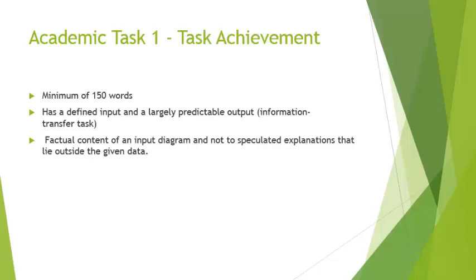It's basically an information transfer task, and it relates narrowly to the factual content of an input diagram, for example, a table, a line graph, a bar chart, a pie chart, and so on. And it does not depend on speculated explanations that lie outside the given data. That means that you just have to describe and compare what you see.